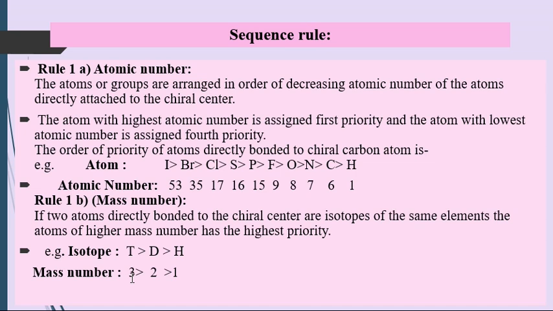These isotopes have the same atomic number but different mass numbers. Here, the mass number of tritium is 3, deuterium is 2, and hydrogen is 1. Therefore, if these isotopes are directly attached to the chiral center, then the highest priority is given to the isotope which has the highest mass number.